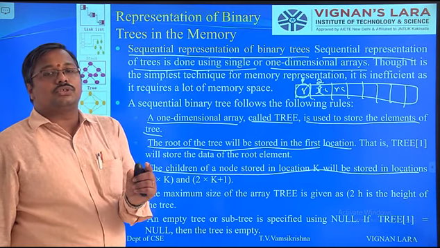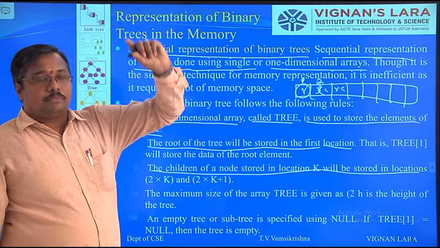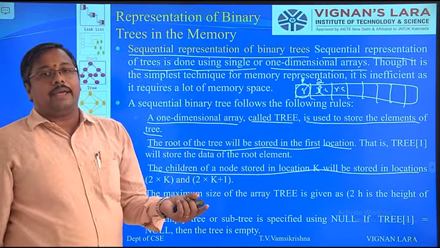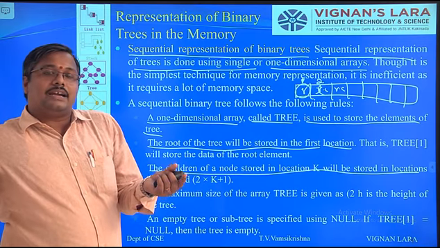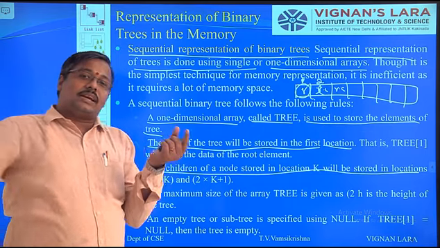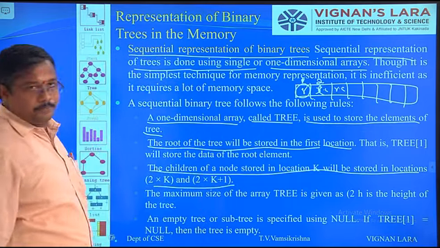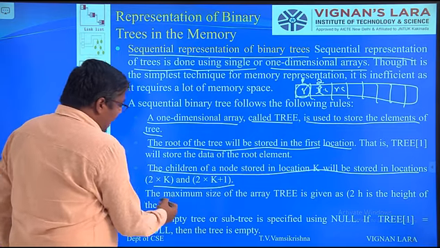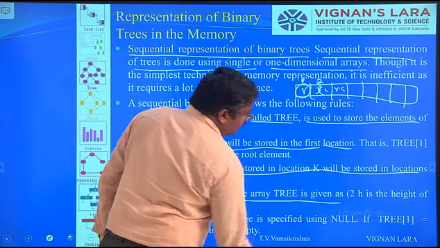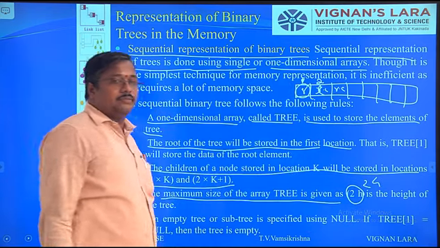So k refers to the array index position, and that position may have a parent. The left child of the corresponding parent node is at 2k, and the right child is at 2k plus 1. This is the formula. The maximum size of the array should be 2 power h, where h is the height of the tree.